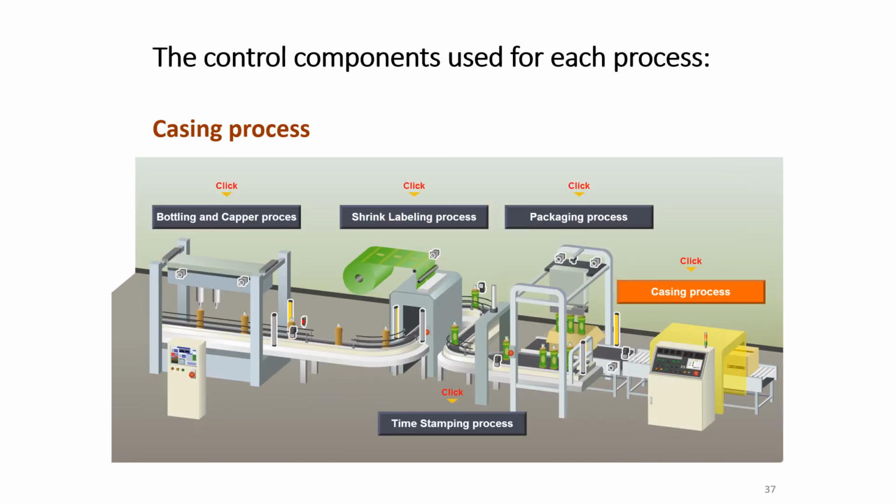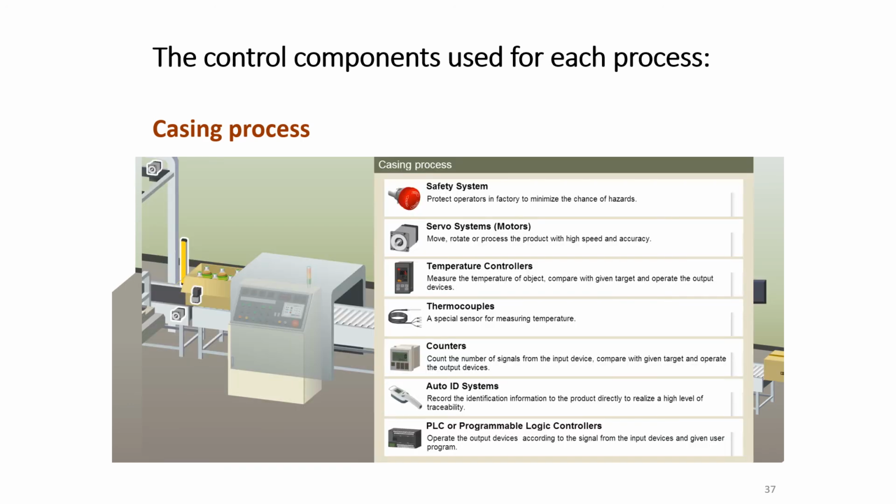And finally, the casing process. In this process, boxes come in, and we want to close the lids and stamp or label them with proper information. We have safety system, servo systems, temperature controllers, thermocouples, counters, auto ID systems, and PLC.